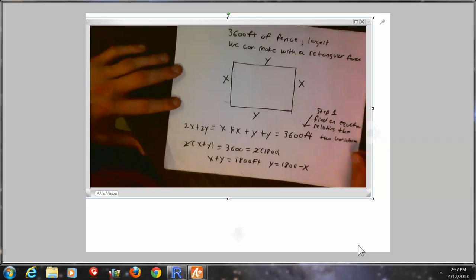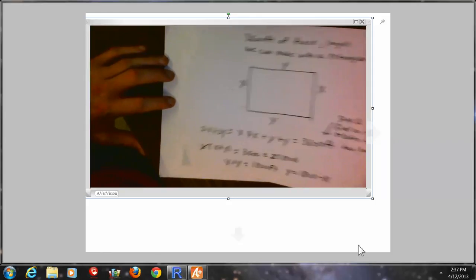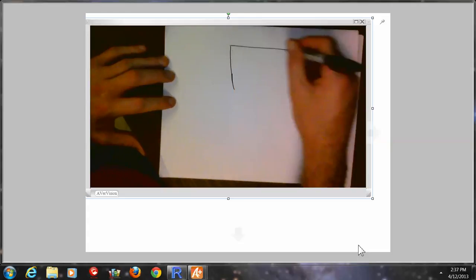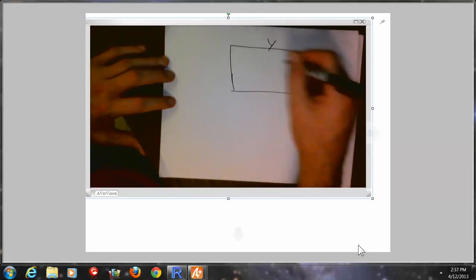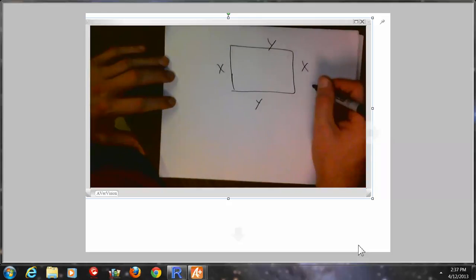Now the next thing we're going to do is, again, draw our picture. We have x, we have y over here, x over here, y over here. And from the previous page, I know that y is equal to 1,800 minus x.